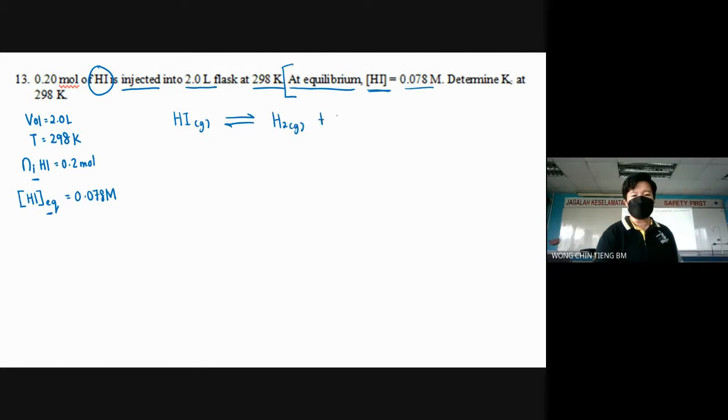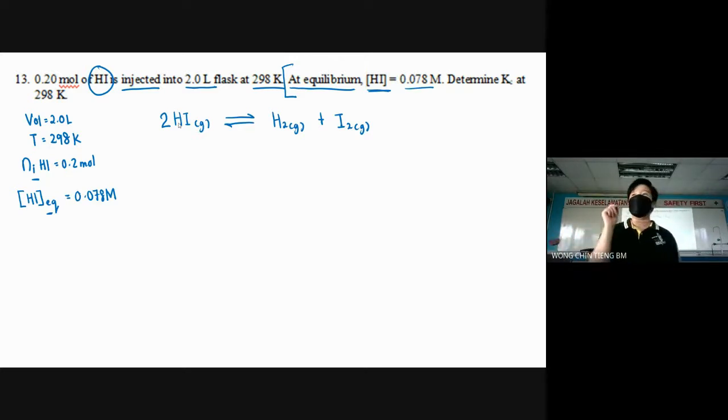Dia boleh pecah kepada I2 gas. Touch wood, kalau dalam exam dia tak keluar equation. Soalan ni memang keluar dalam exam katakan dan dia tak bagi equation. Saya bermula dengan HI. Saya nak buat apa? Aku nak teka reaction dia apa? Dia duduk seorang, betul? Saya insert dia je, tak ada orang lain. Bermakna reaction dia je lah.